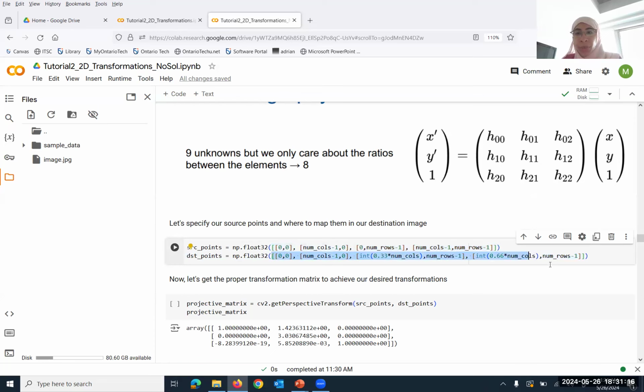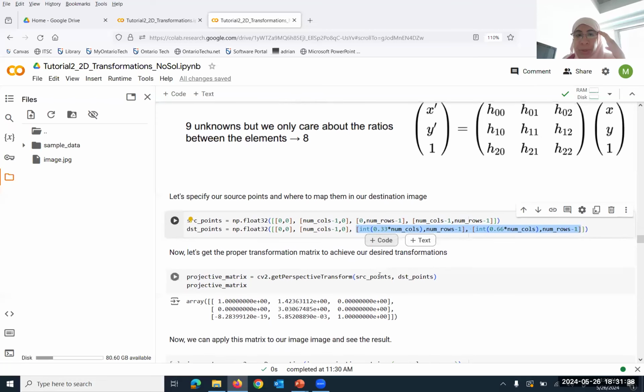We have here the target points. The top left and the top right are going to go to the same place, so they won't change. But what will change is the bottom left and the bottom right. They will transform based on these defined target points.